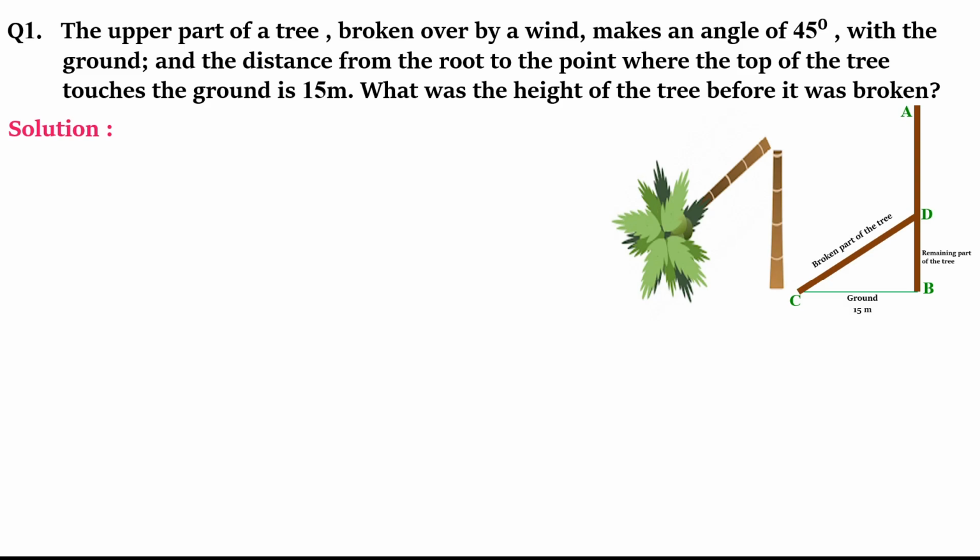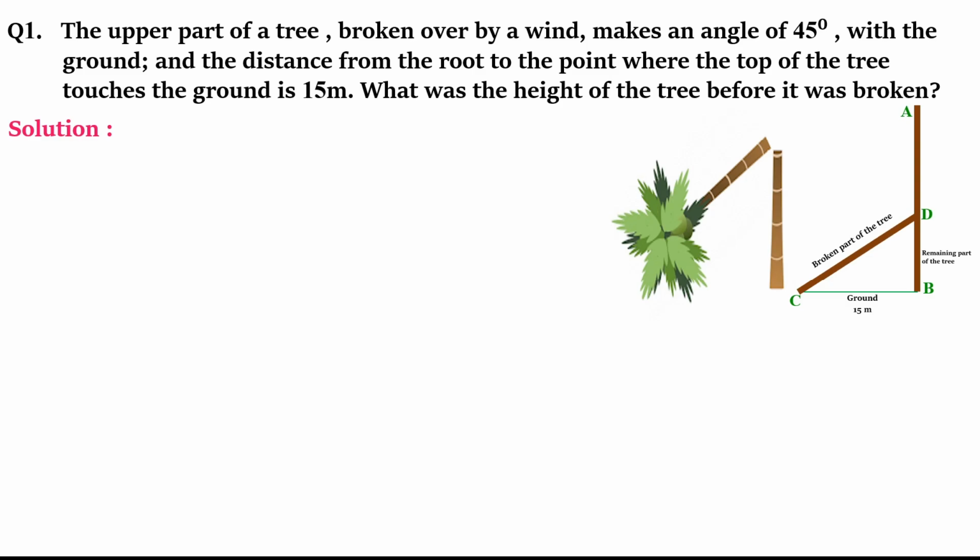So AD and CD are equal. BD is the remaining part which is still standing on the ground, and BC is the horizontal line, showing the top of the tree and the root of the tree.